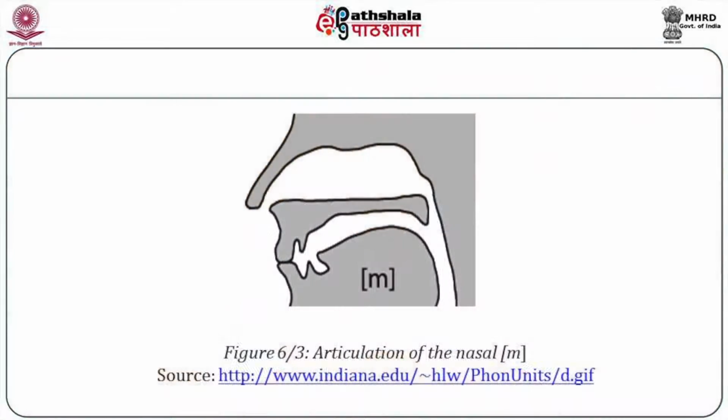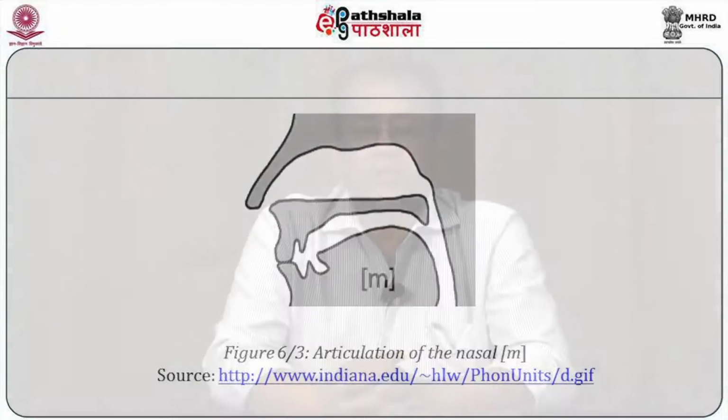Nasals. We have already described the production of nasals in the last module when we discussed the oronasal process. Let us take a look at the figure which illustrates how a nasal consonant is produced. While most nasals are simple nasals, sometimes we can have modified nasals in different languages.